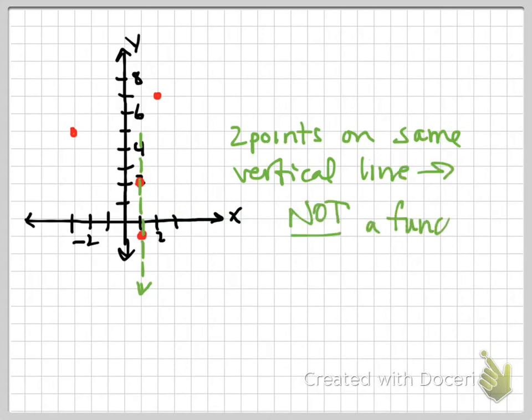So there's 3 ways that you can determine if you have a function. Sam: Horizontal line means you have different x's and the same y. Not a problem. The definition says 1 x pairs up with exactly 1 y. It doesn't mention anything about y's and how many x's. That doesn't matter. 1 x has only 1 y value.